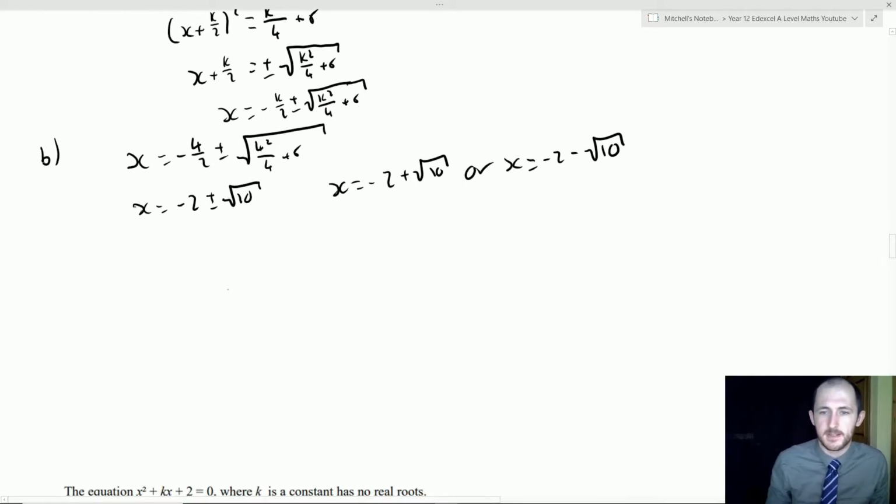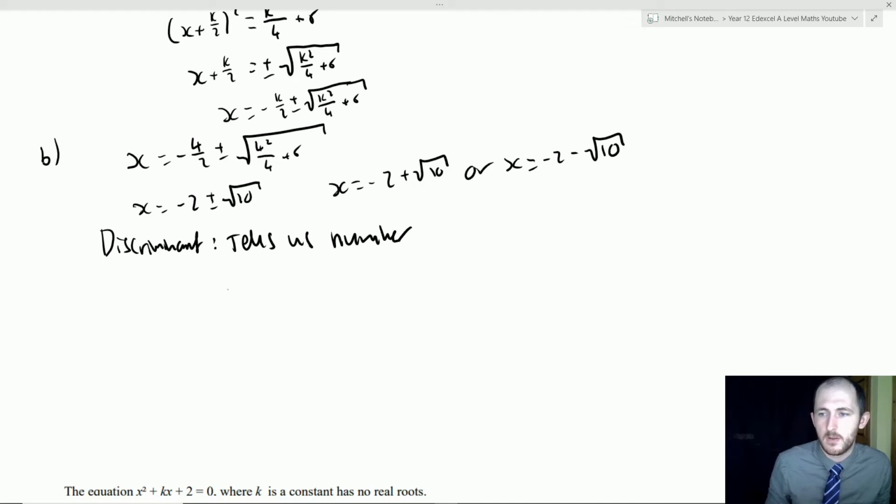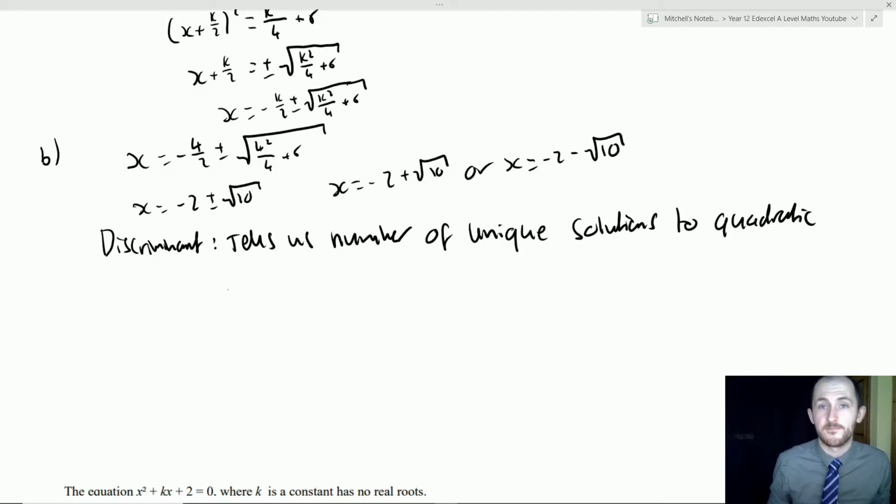The discriminant tells us the number of unique solutions to a quadratic. So I'm going to write out the quadratic formula.